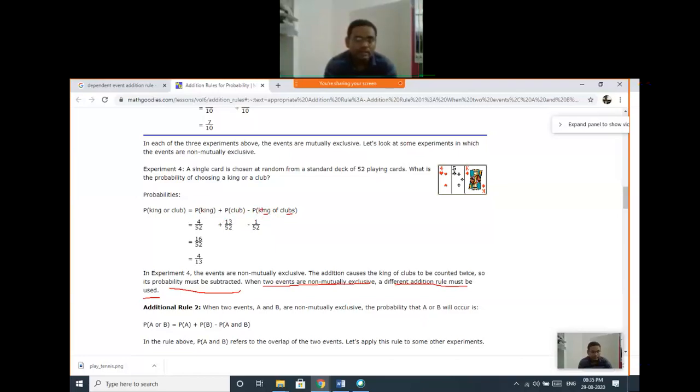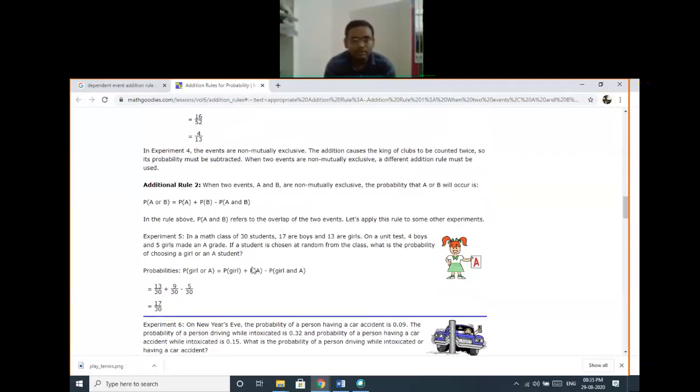There is only one card that is both king and club. So the probability is 1 by 52 for a card to be a king and also a club. We have to subtract this much from the total probability. So it is 4 by 13. That is the exact probability we need to calculate.